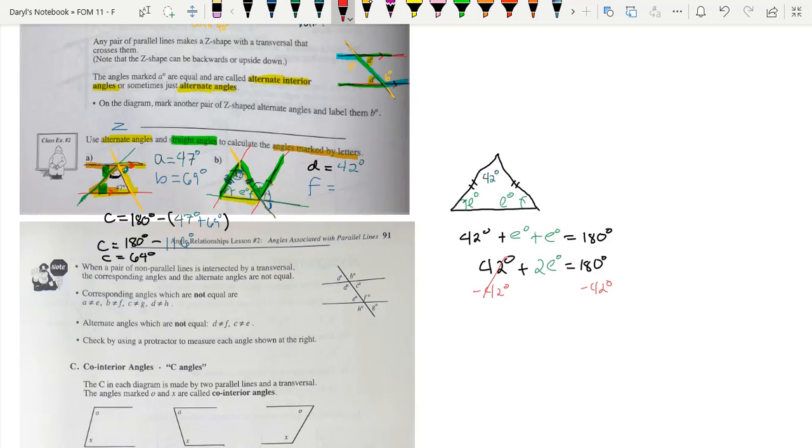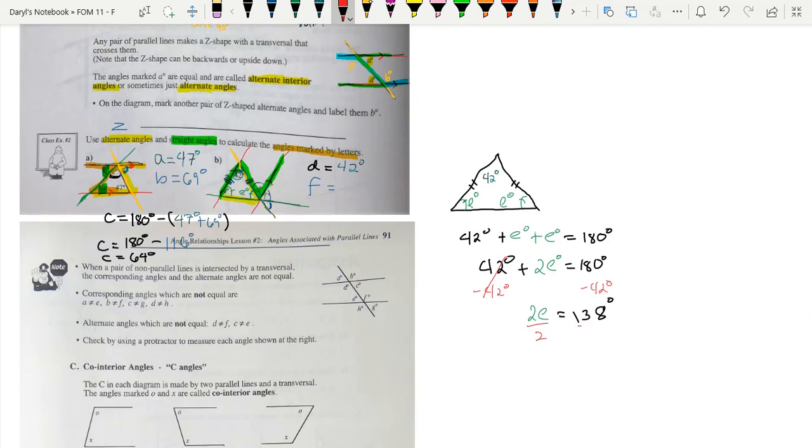Doing that, 2 times angle E is equal to, not 180 degrees, but the difference between 180 and 42 degrees, so this is 138 degrees.